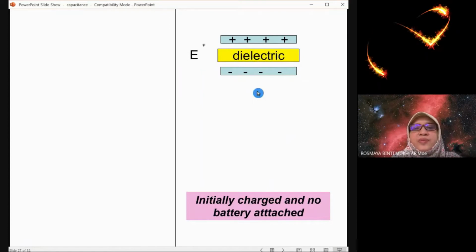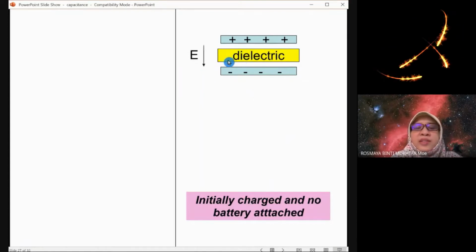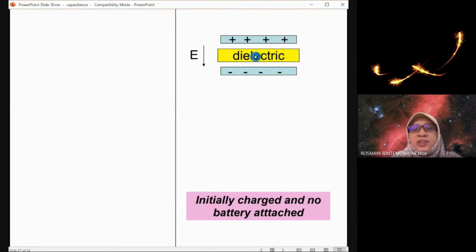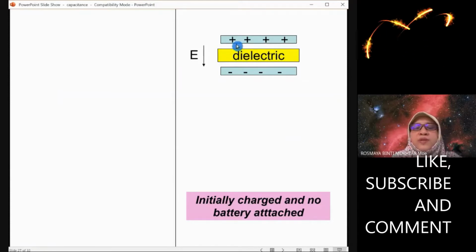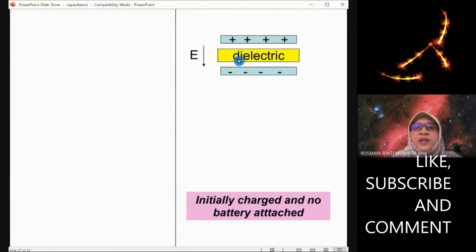So what happened? This one we discussed before. Because of the polarization, the molecules arrange themselves here. The negative side is attracted to the positive plate, and the positive side of the molecules turns towards the negative plate.